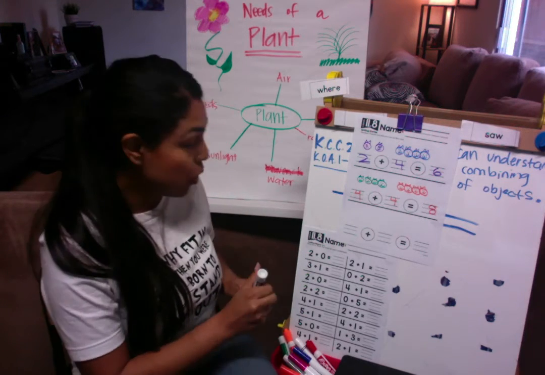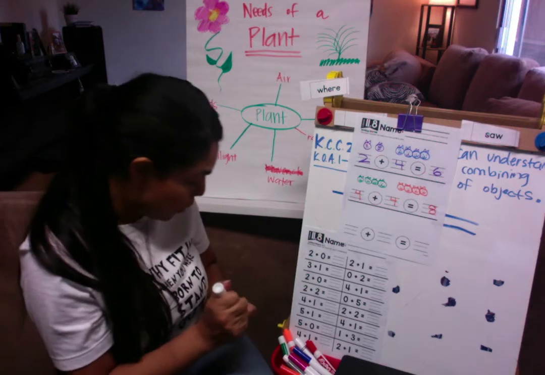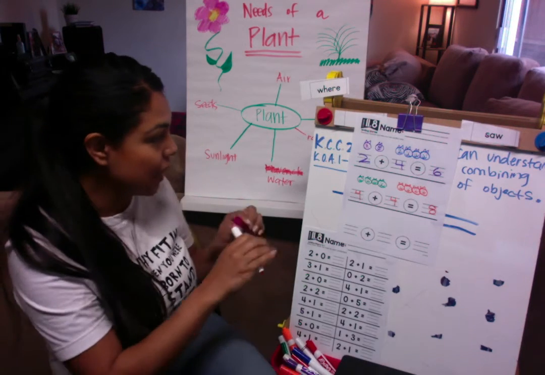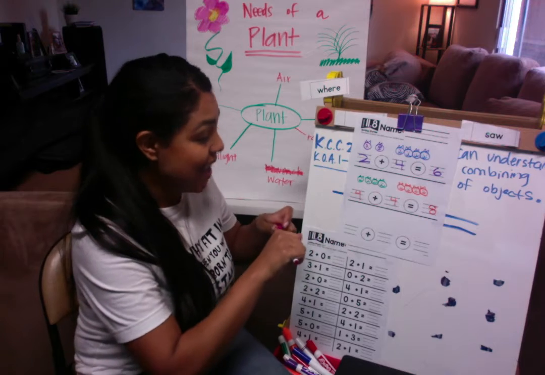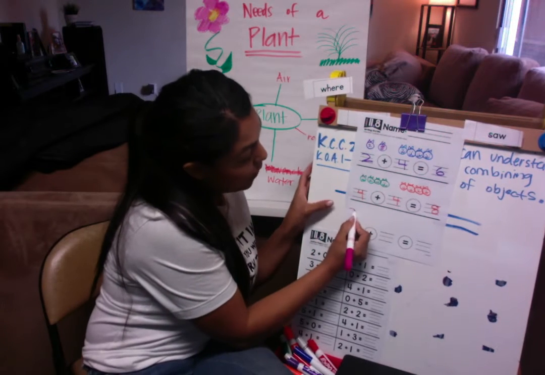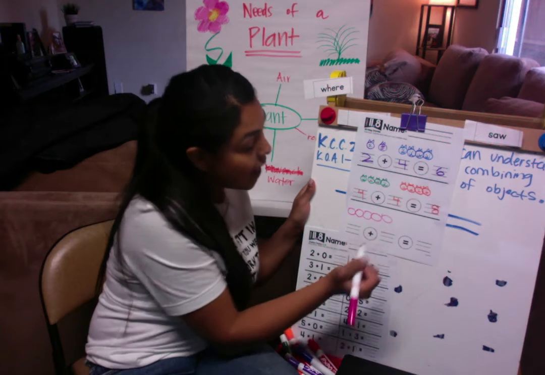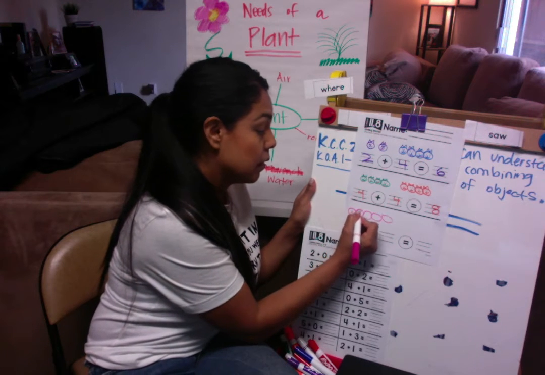Moving on. Purple. We're going to do, no, I already did purple. So I'm going to do pink. I have 5 pink cats. 2, 3, 4, 5. 5 pink cats.